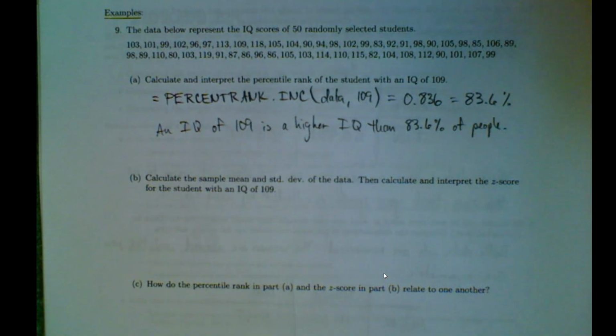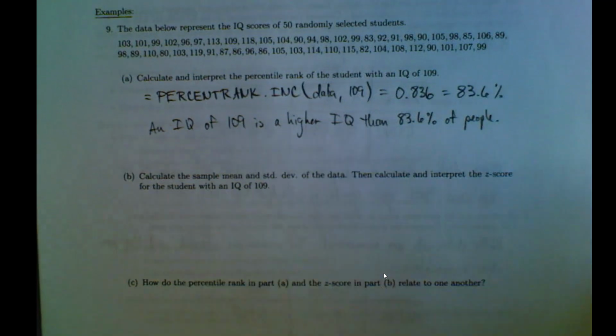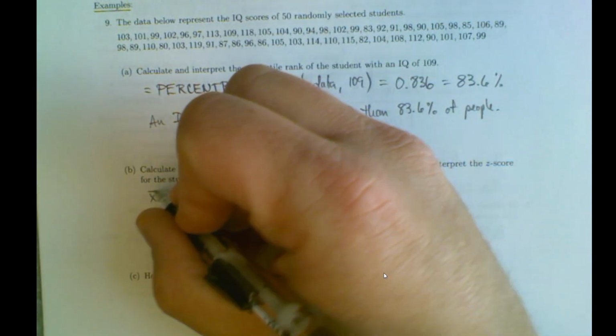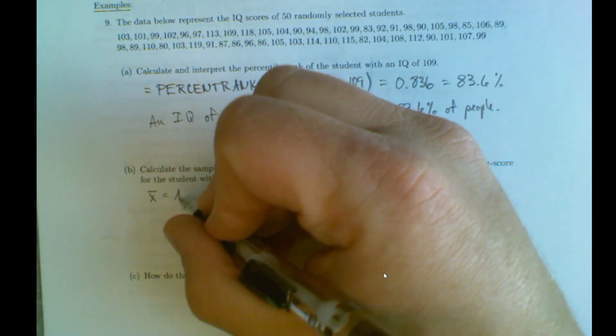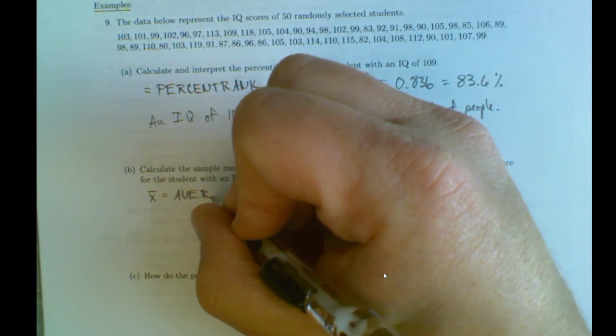So that's part A. Part B asks us to calculate the sample mean and standard deviation of the data, and then calculate and interpret the z-score for a student with an IQ of 109. Okay, so for the sample mean, x bar, we'll use the average function.